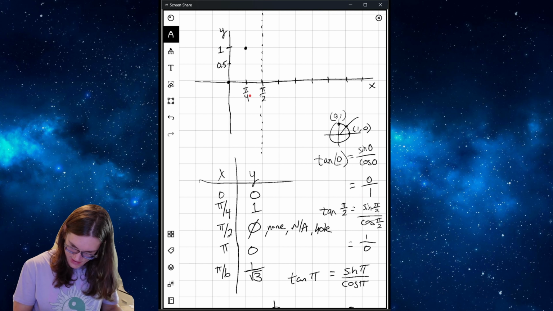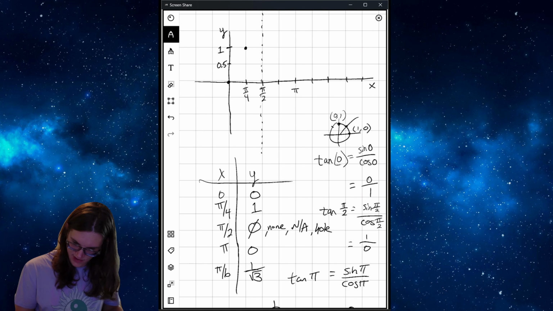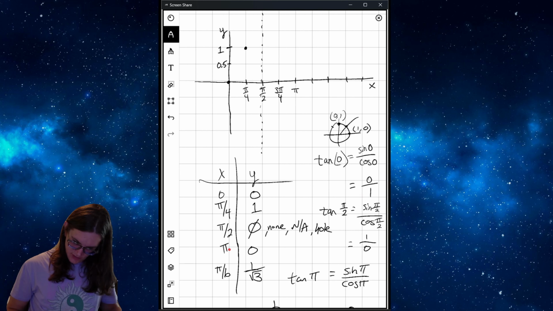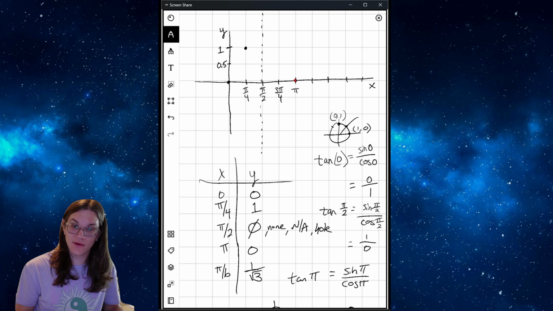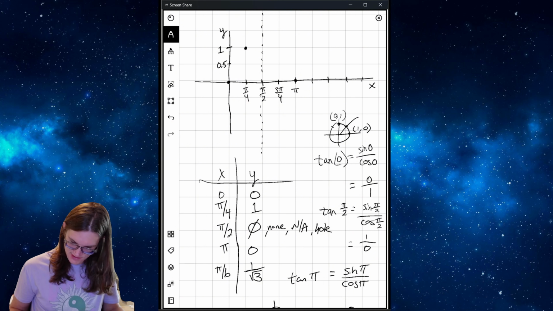At pi, so pi over 4, pi over 2, next, let's see, that means pi would be here, right? Alright, we randomly chose pi, so let's say, okay, when x is pi, y is 0. That works for me. I predict that perhaps since it's 0 here and it's 0 here, this may be where the tangent plot repeats, but that's not necessarily true. Let's see what happens.